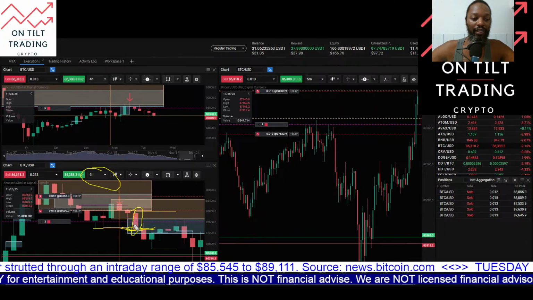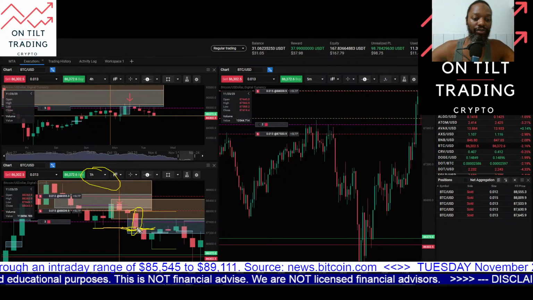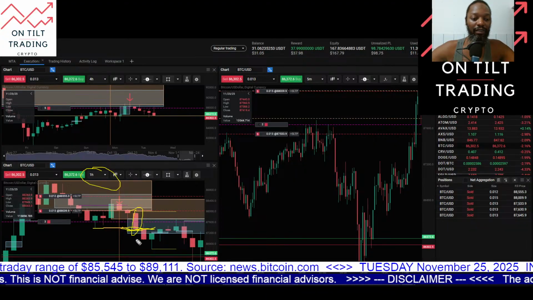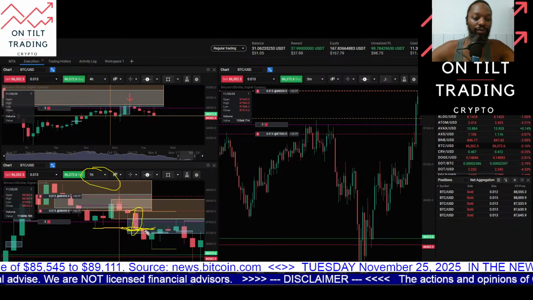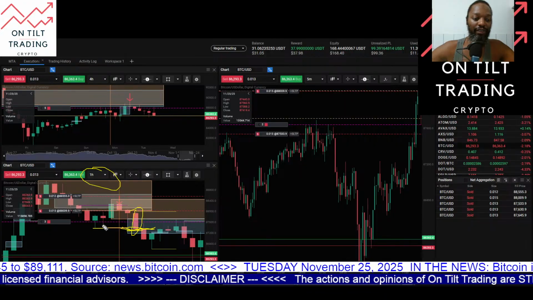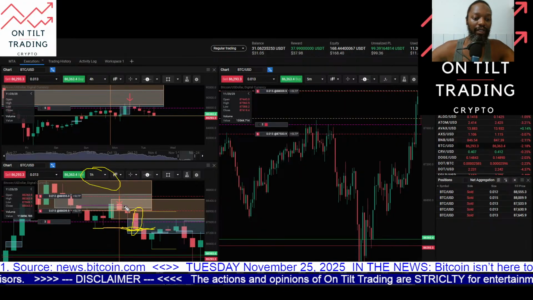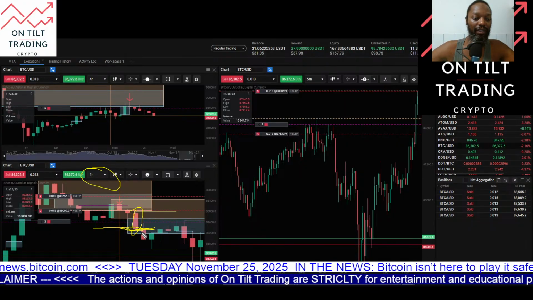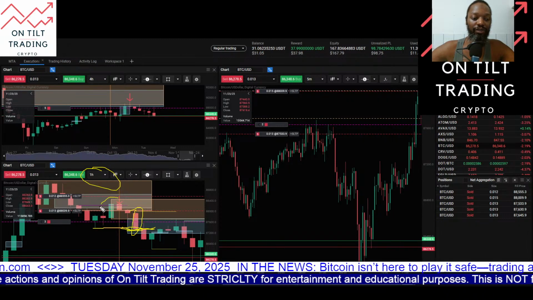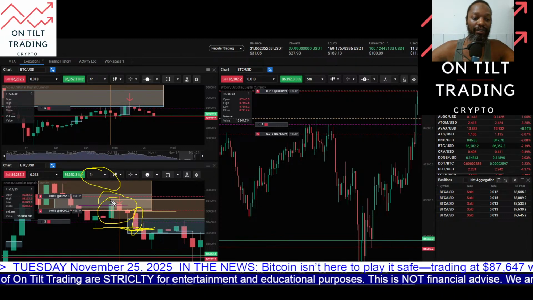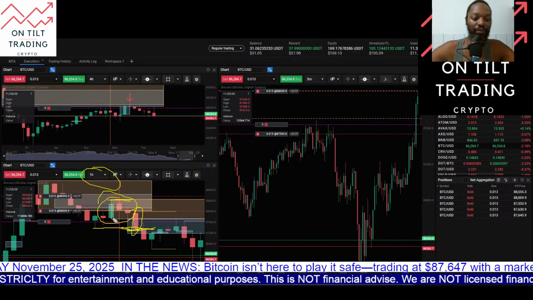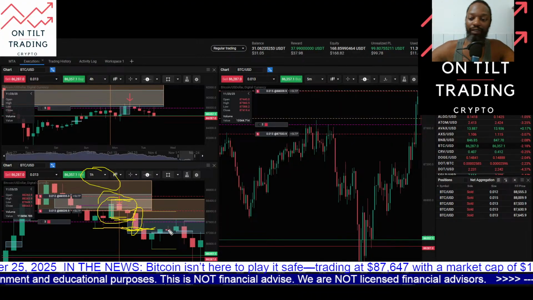So getting a market structure shift and a close below a session low, this is triggering a short idea for me, and also establishing another order block, right here in this area. This is the high of the new order block. This is the low of the new order block.